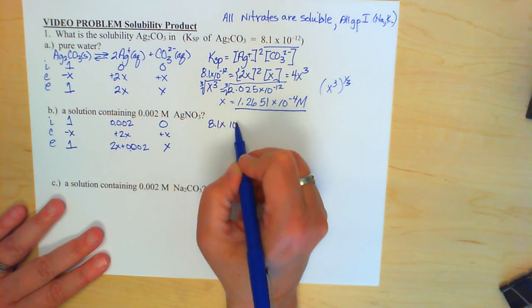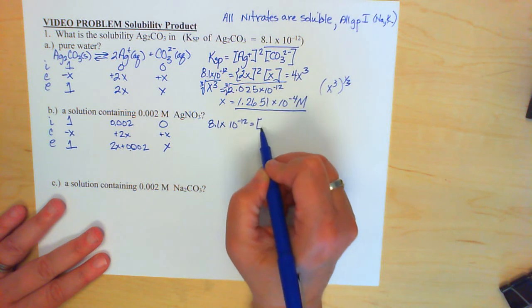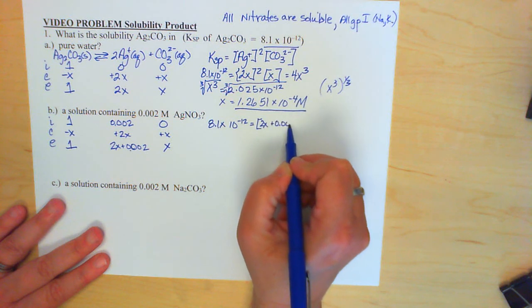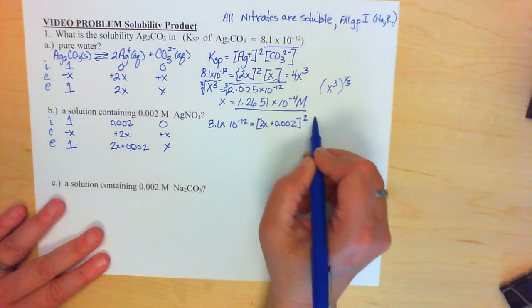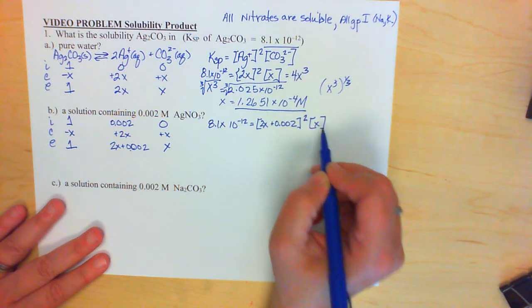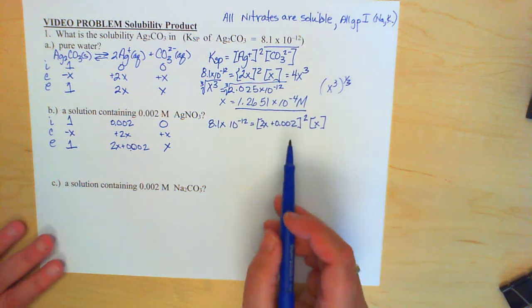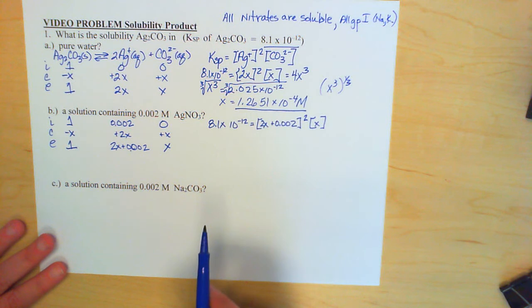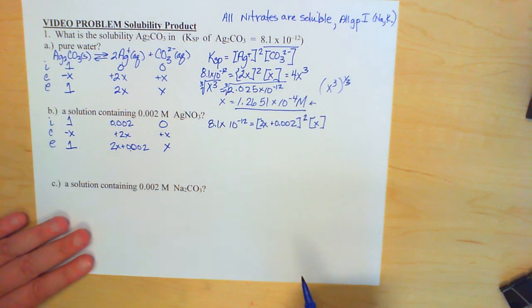So if we go back, our K expression is pretty much the same. 8.1 times 10 to the minus 12 is going to be equal to 2x plus 0.002 squared times x. Now, if we look at it, 0.002 is 3 decimal places. Our best case scenario is going to be this value. That's not a lot in comparison.